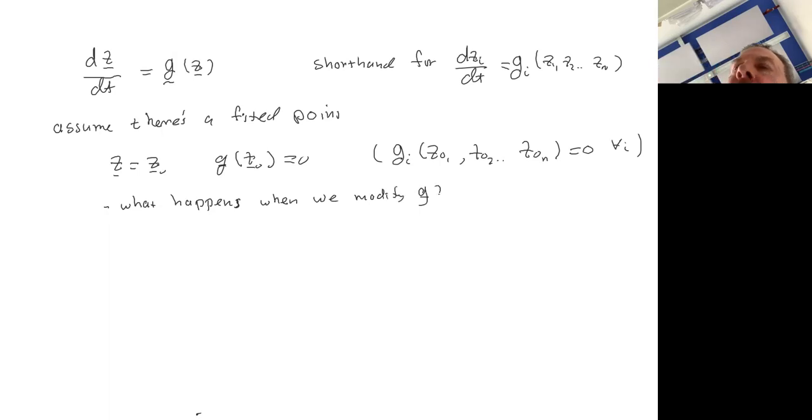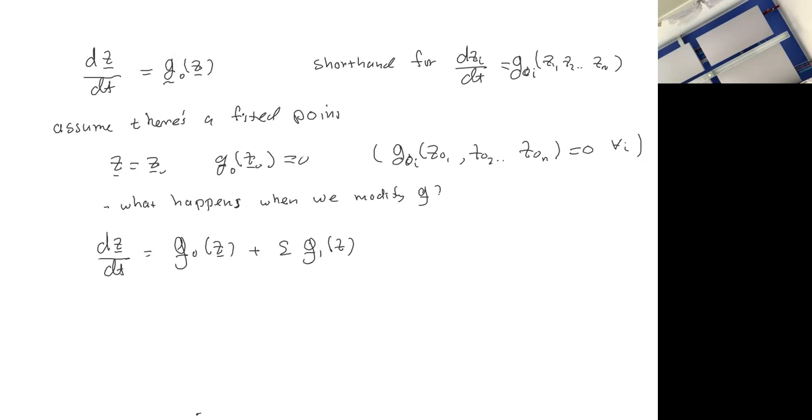So I'm going to call this G0. This is some function with this fixed point. And now we're going to consider the equation dz/dt equals G0 of z plus epsilon G1 of z.